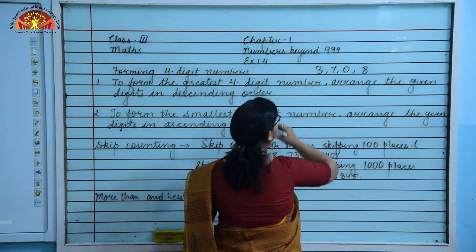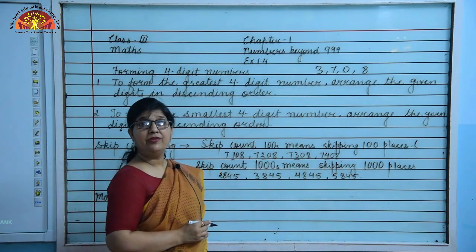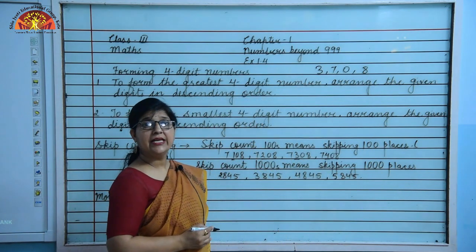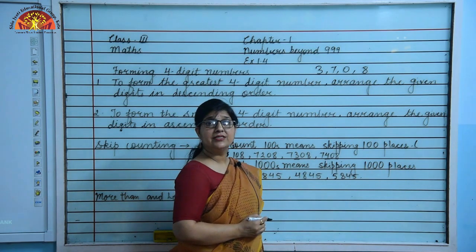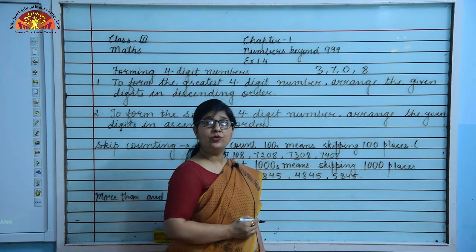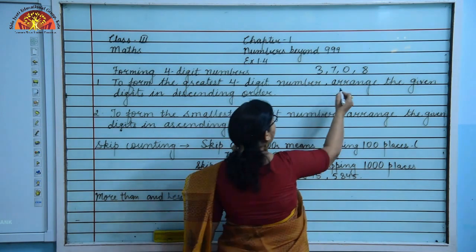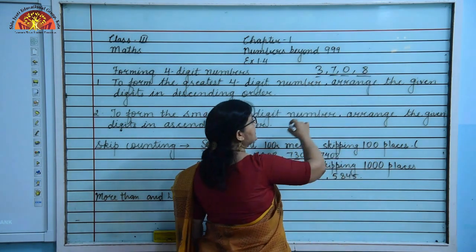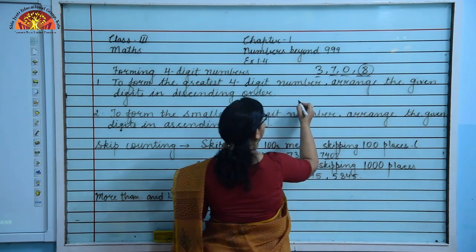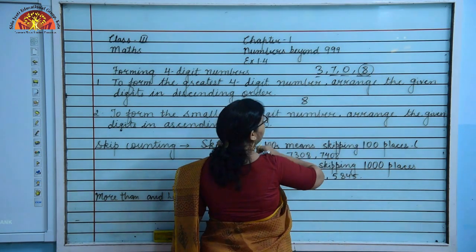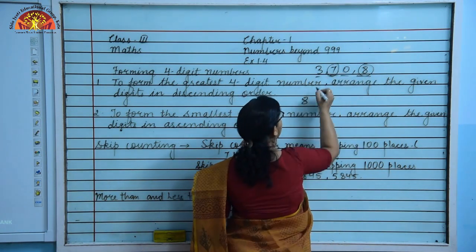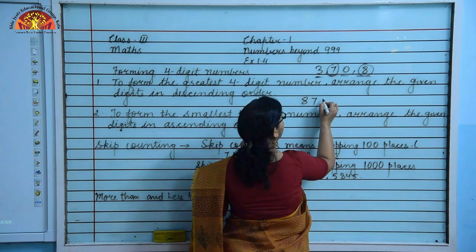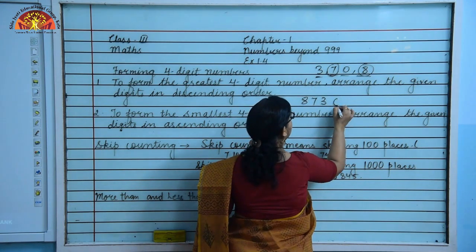To form the greatest number, we arrange these digits in descending order. Descending order means greater to smaller. The greatest digit in these digits is 8. So first we write 8 here, then we write 7, then we write 3 and then we write 0.